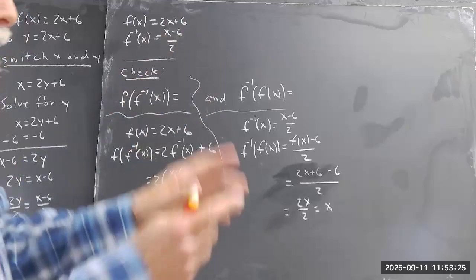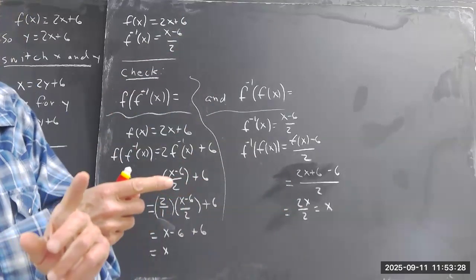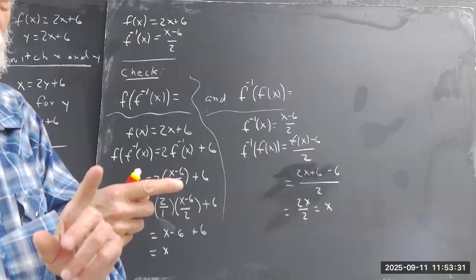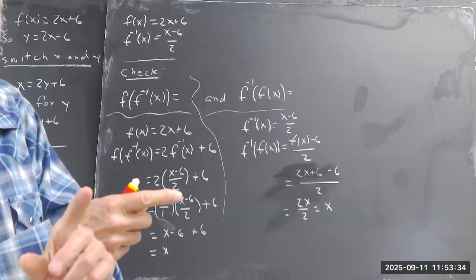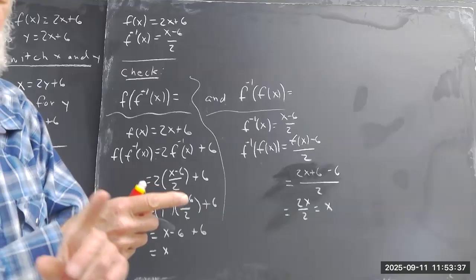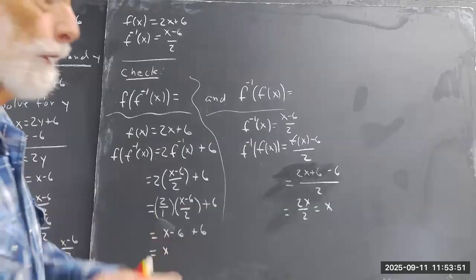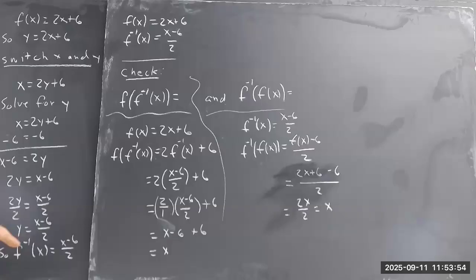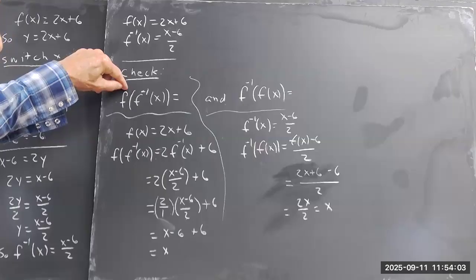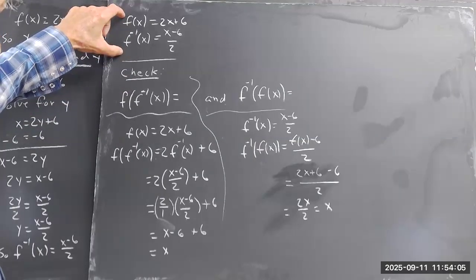Now, inverse function, if you got a table, it switches x and y. It's the very first thing you have to understand. If you've got a formula, and if you got function inverse of x formula, then you can test this for the function and its inverse.